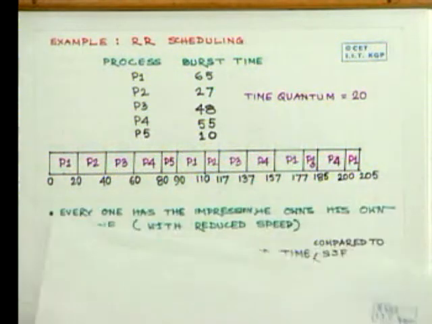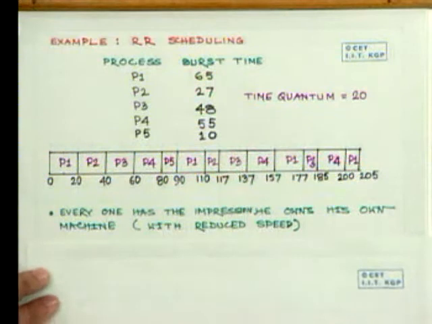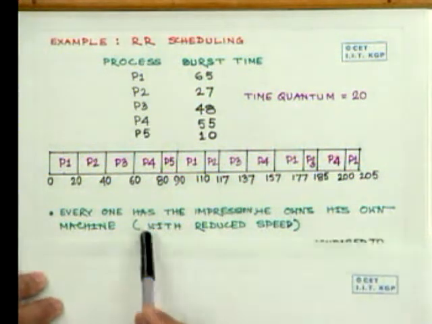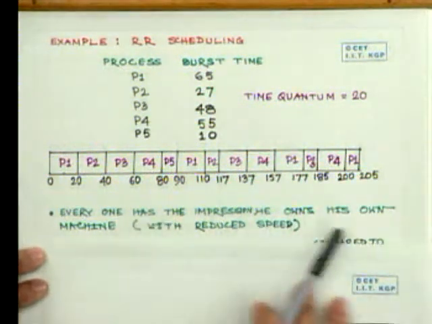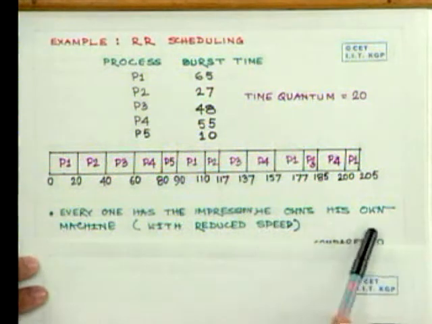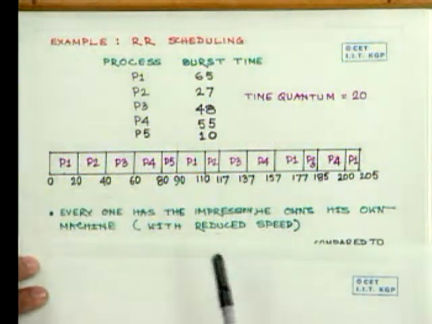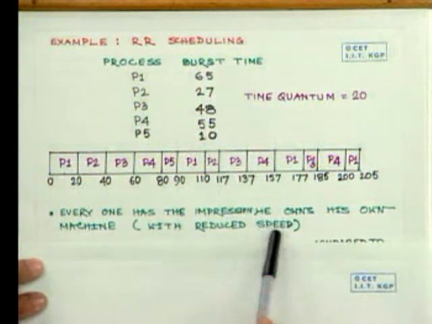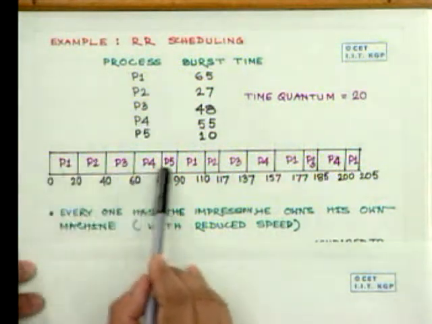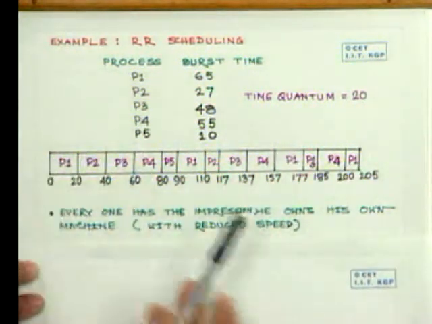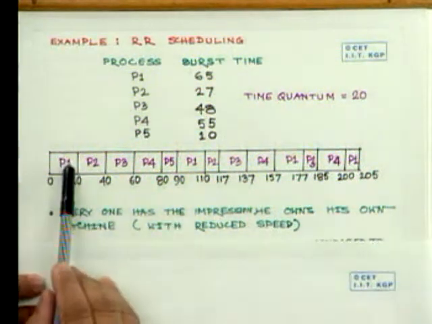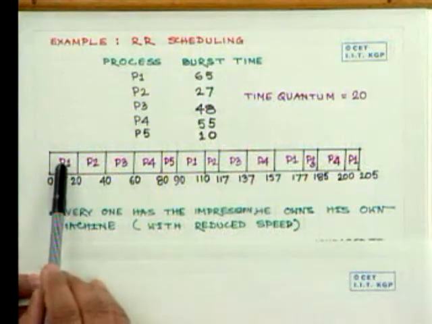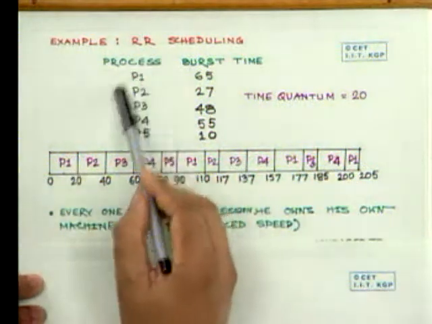Now let us see what the features of round robin scheduling are. Every process here has the impression that it owns its own machine, though with reduced speed. The entire CPU time has been divided into chunks and given to all the processes that are contending.